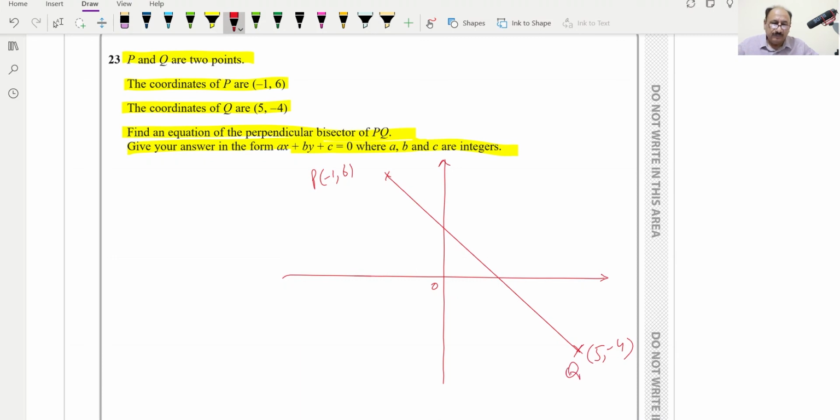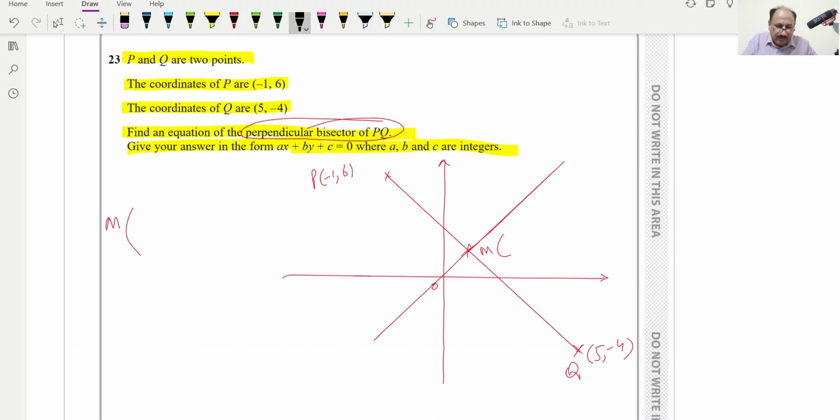Now M will be the midpoint. So they're saying perpendicular bisector of PQ. Perpendicular bisector will be passing through M, which is the midpoint. So this is M. We can write down the coordinates of the midpoint.